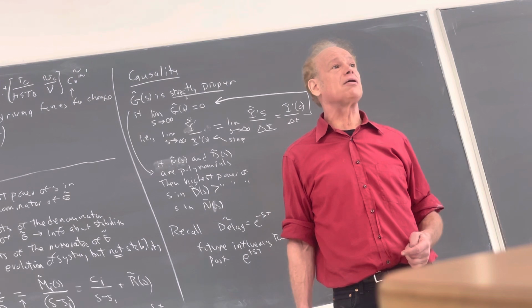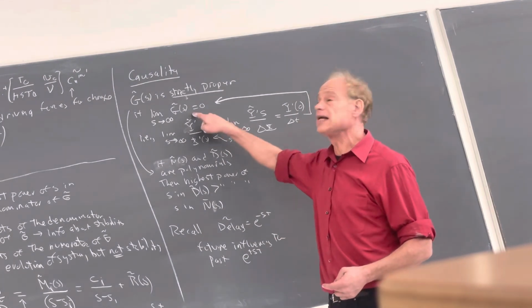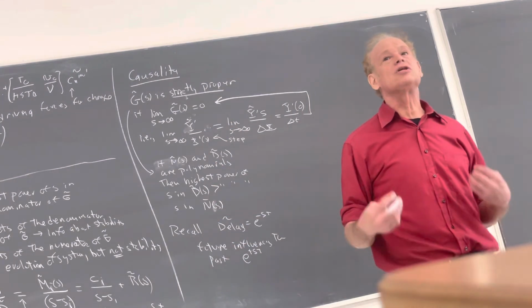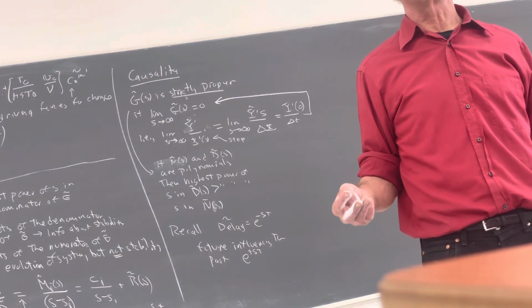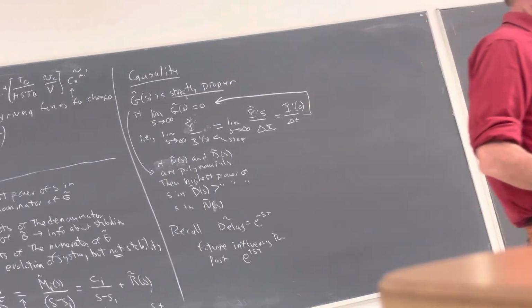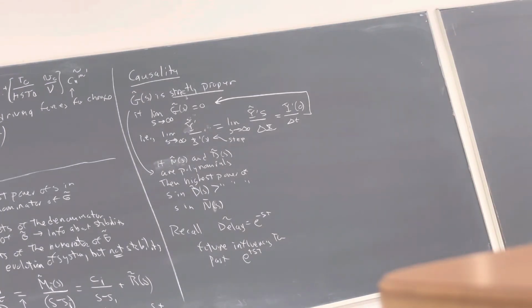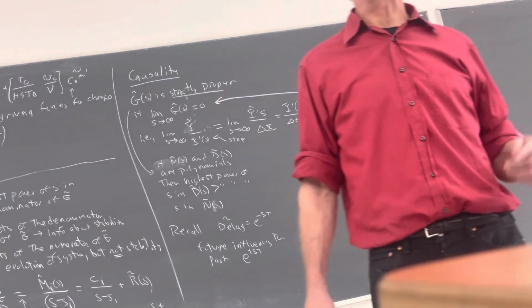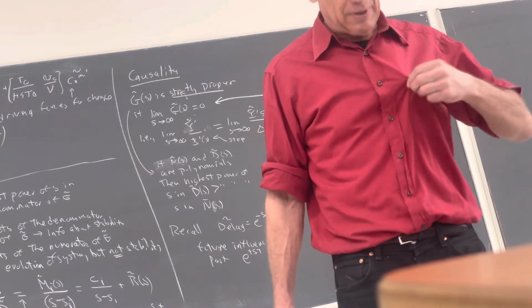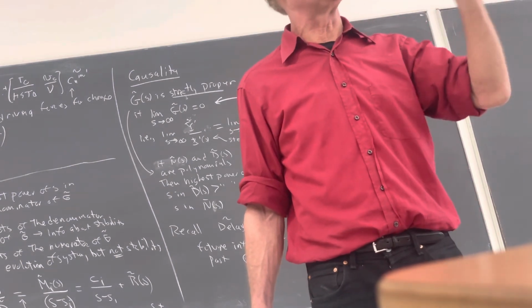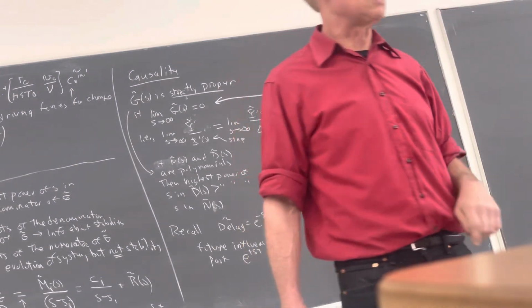Because if I had a form of G tilde that didn't satisfy this, I know there's something wrong, because that's telling me the future is influencing the past, or the present. So if I ever do a calculation, say on an exam, or more importantly, in a job, and I get a G tilde that doesn't satisfy that, I know that's a red flag. Like my shirt, it's a red flag. Something's wrong. Gotta fix it.